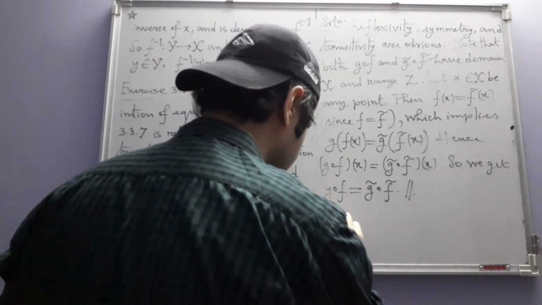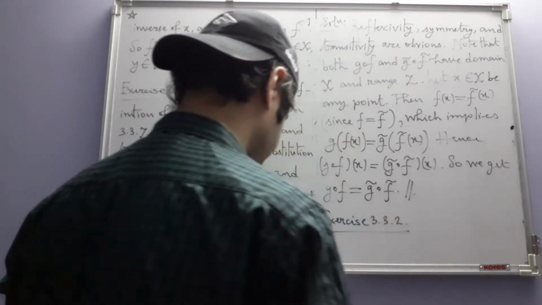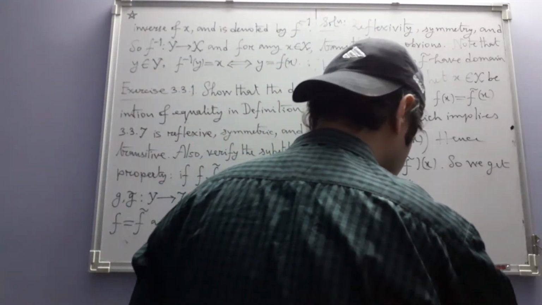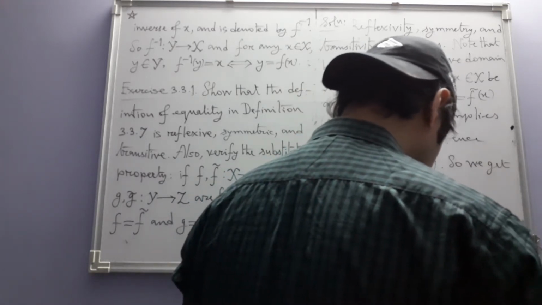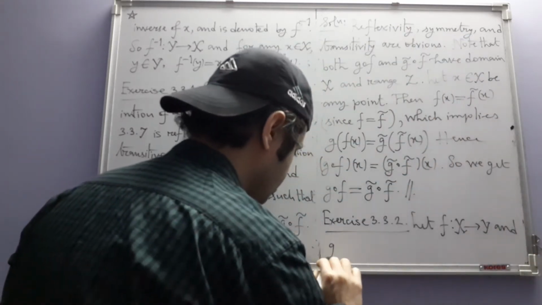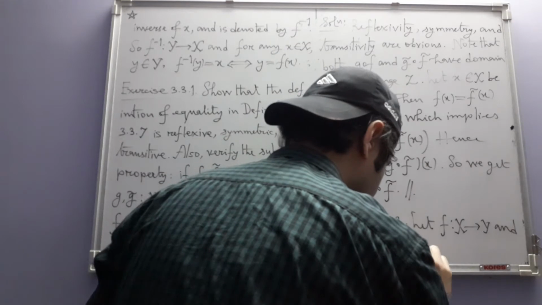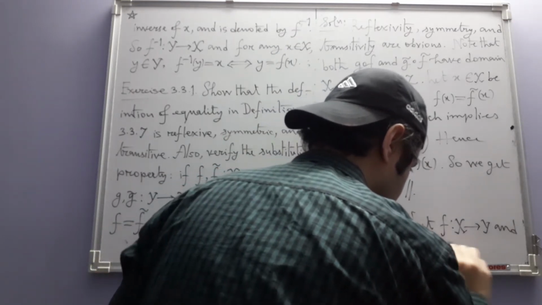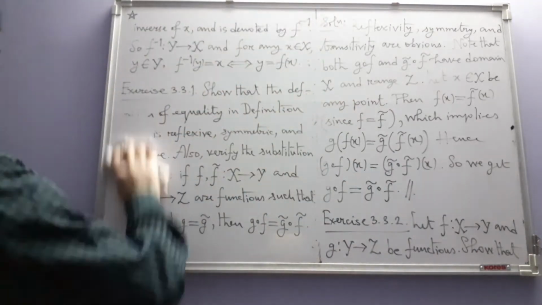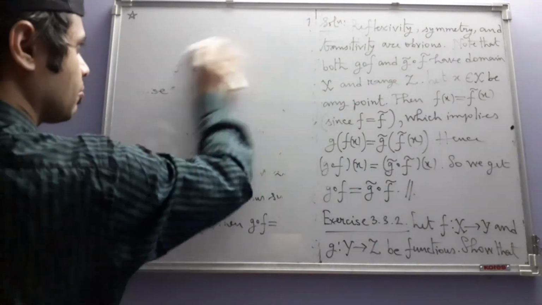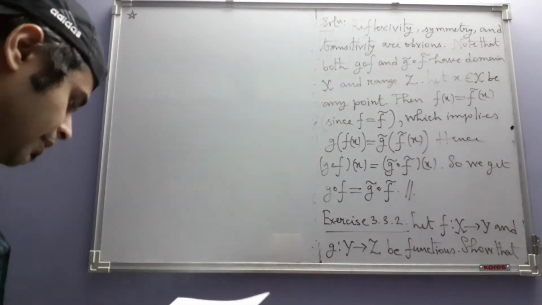Then we see the second one. Let f from x into y and g from y into z be functions. Show that, what do we have to show?